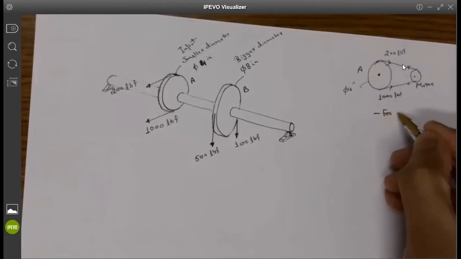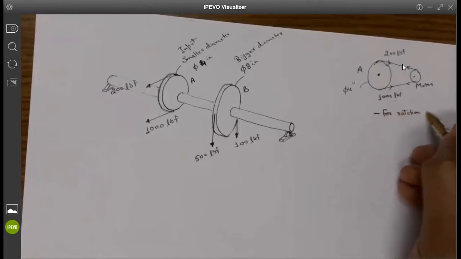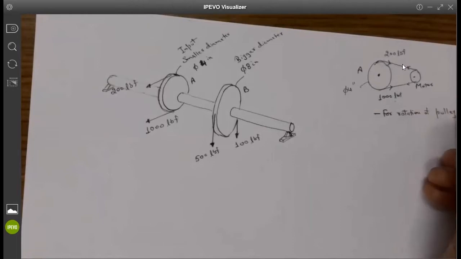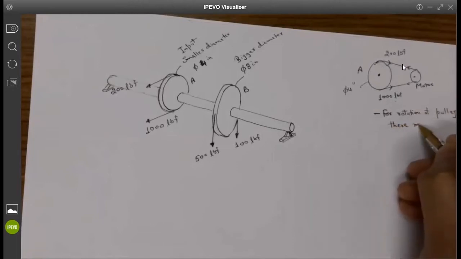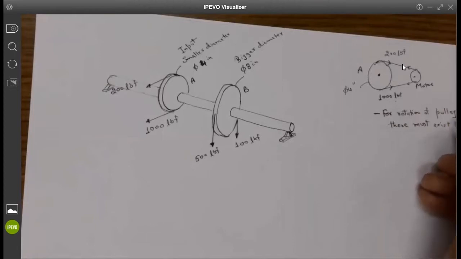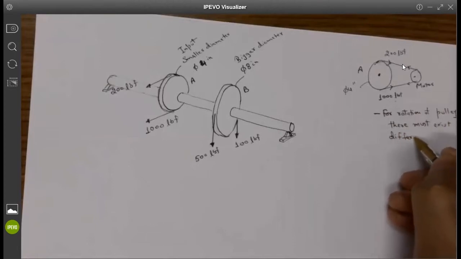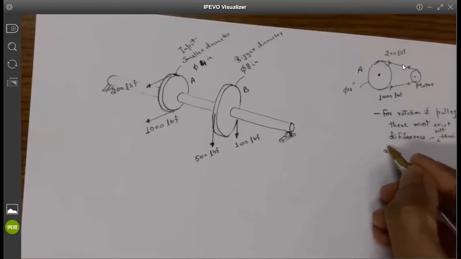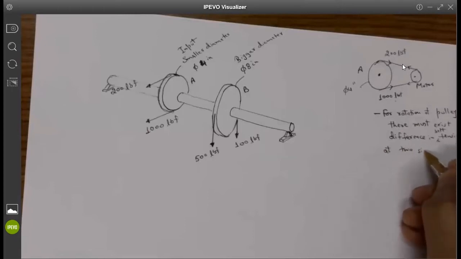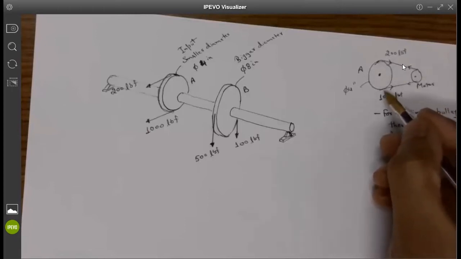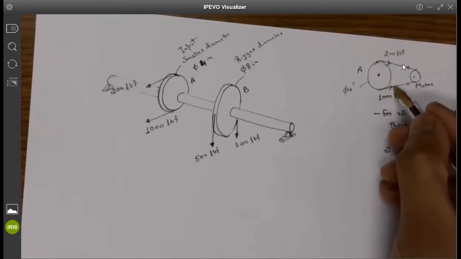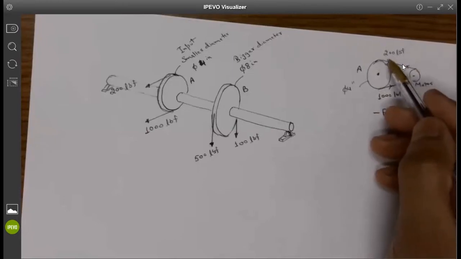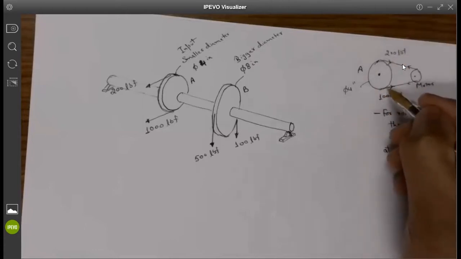For rotation of pulleys, there must exist a difference in belt tension at the two sides. So this is called the tight side tension, and this is called the loose side tension. So loose side and tight side.